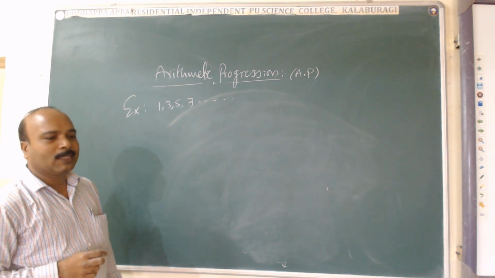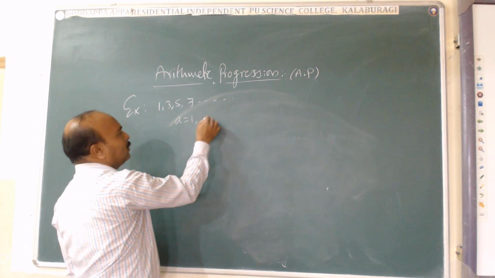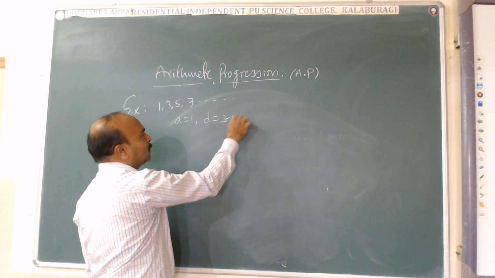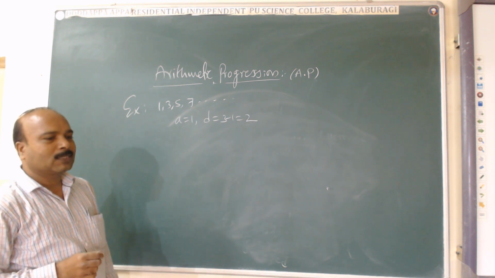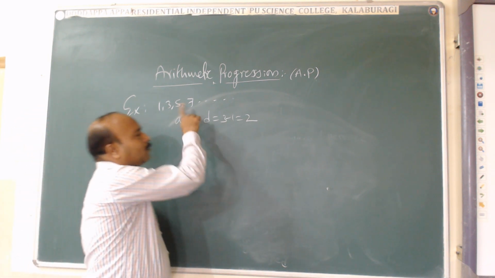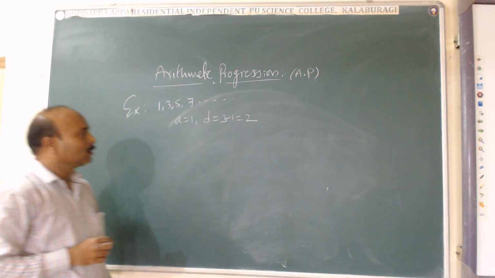Everywhere the common difference is constant. In this sequence a equals 1 and d equals a2 minus a1, that is 3 minus 1 equals 2. It is the common difference of this progression. Since the common difference is constant, we call it an arithmetic progression or AP.